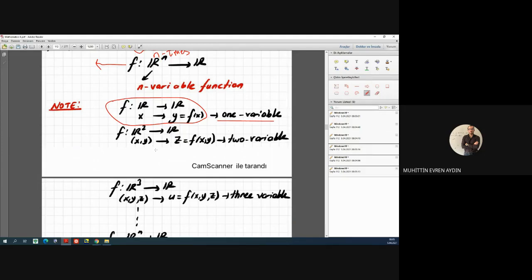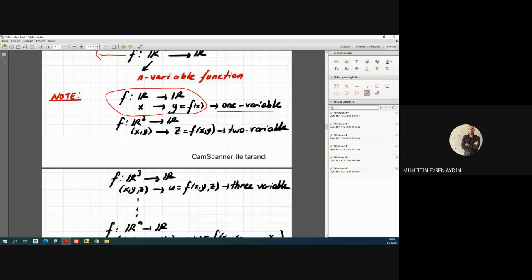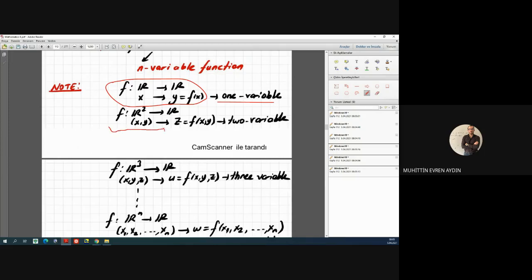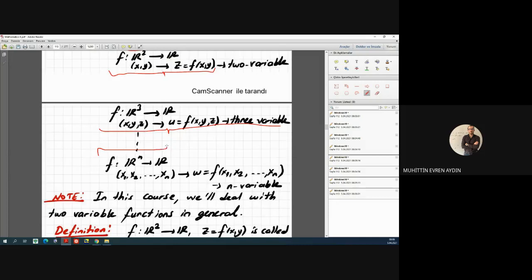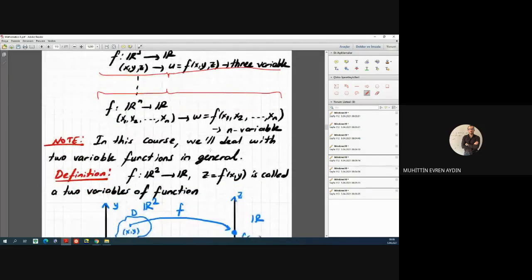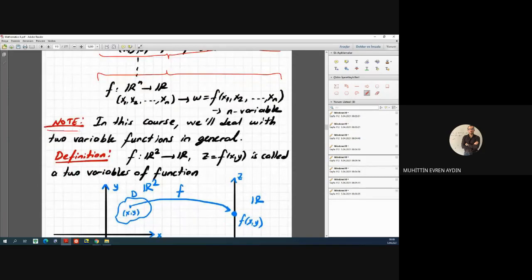Afterwards, we investigate multivariable functions. For instance, two variable functions, which we are mostly interested in, and three variable functions, and the general formula, namely n variable functions. As I said before, you can see in this note, we deal mostly with two variable functions.